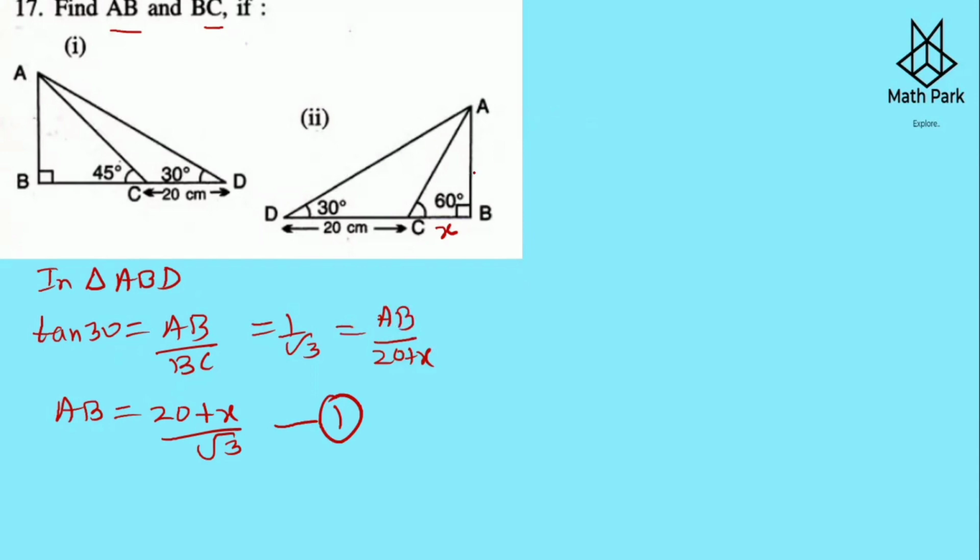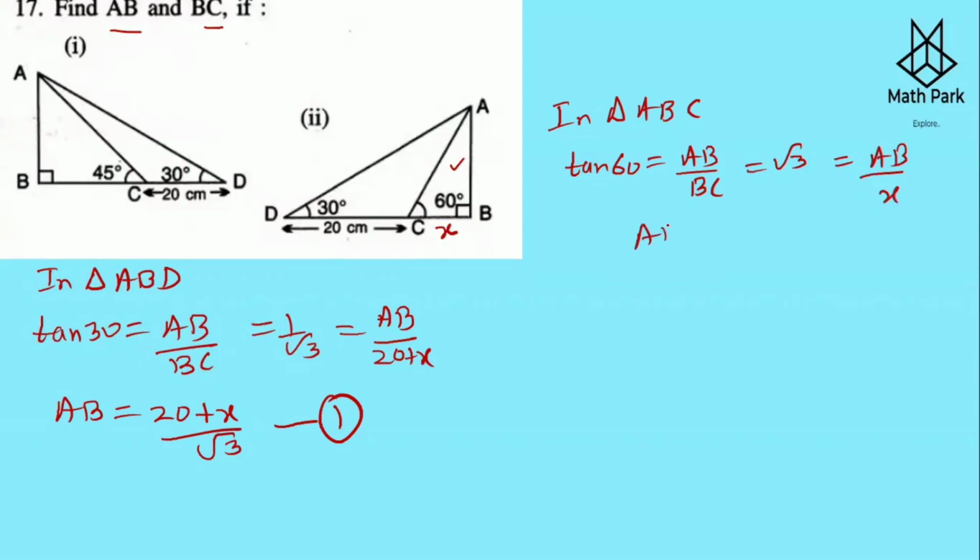Now let us use triangle ABC. So in triangle ABC, you have tan 60 is equal to AB upon BC, which is root 3. Tan 60 is root 3, and AB upon BC is X. So you get AB is equal to root 3 X. This is our second part.